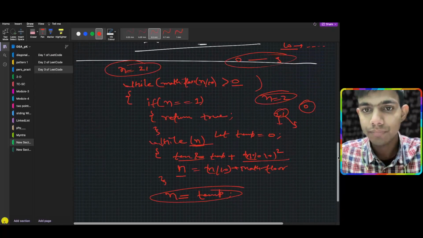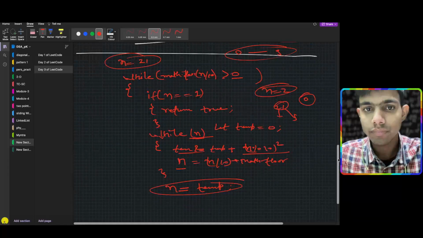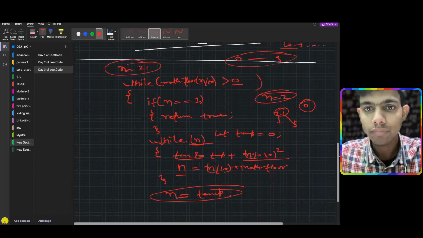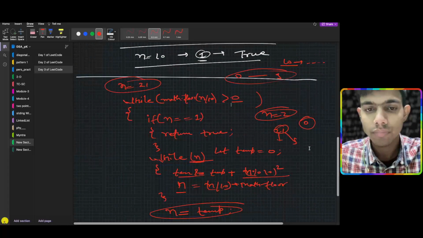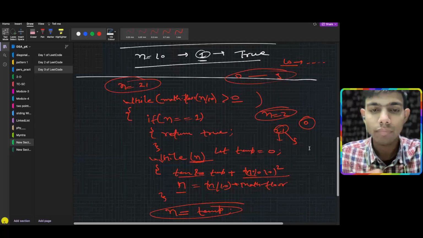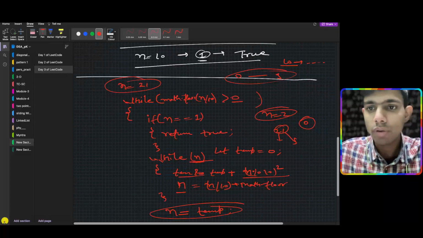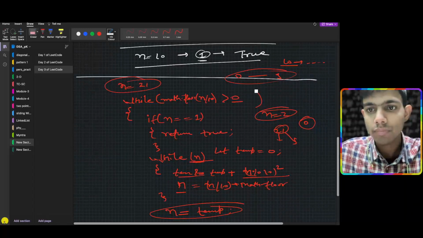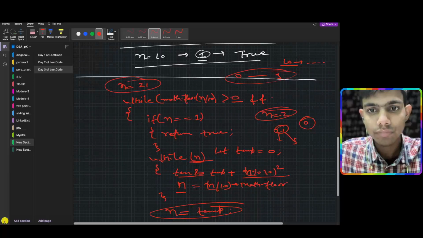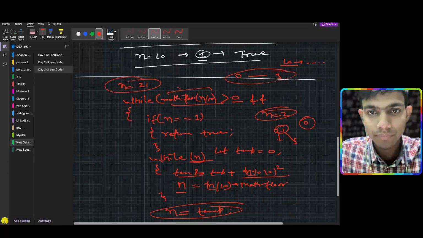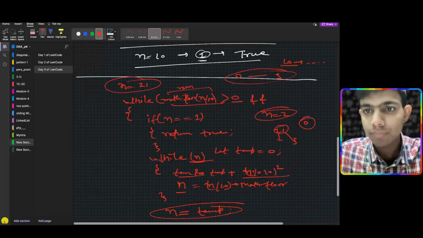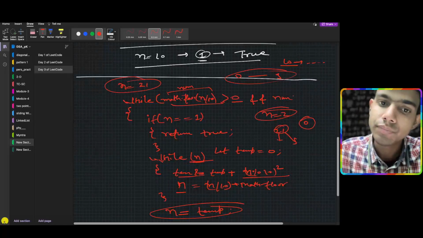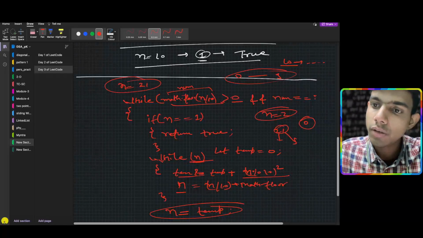So here we are checking, and we can put one more condition here, and this number, whatever number is, num is equal to 1.